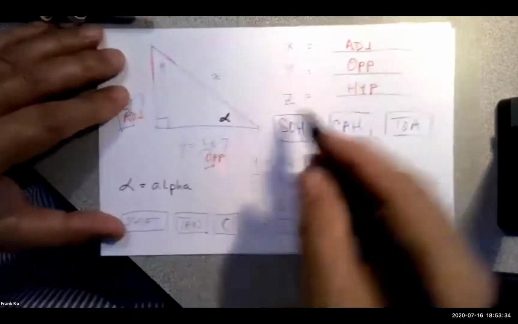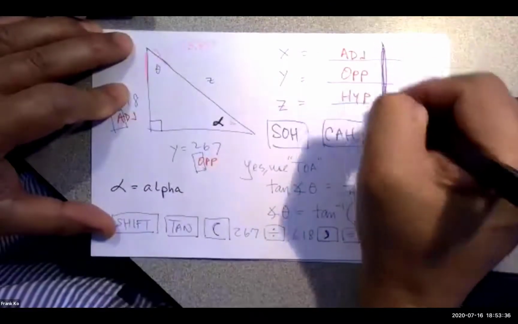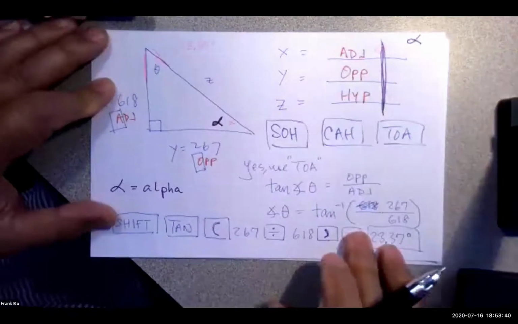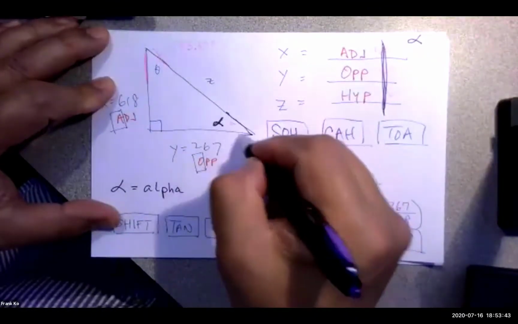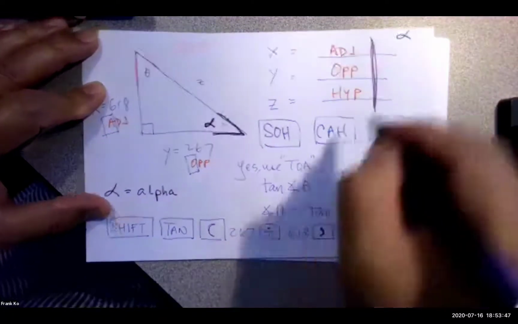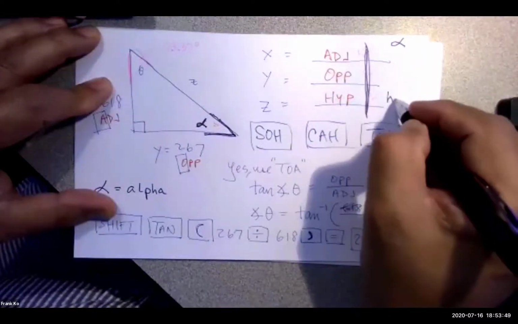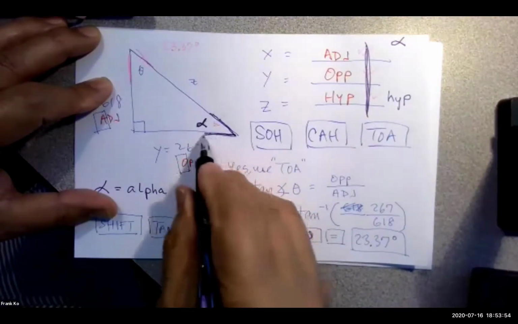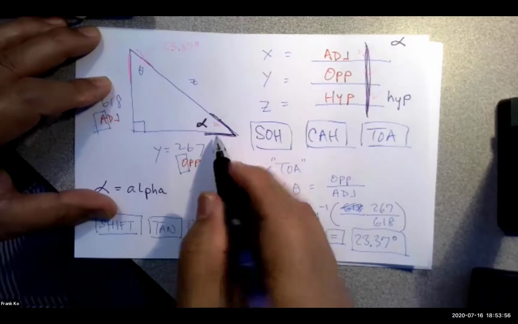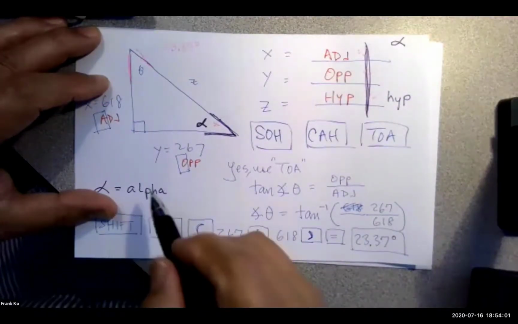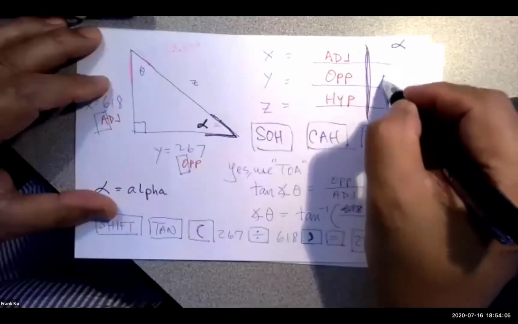If this is our angle of interest, how do we rename these sides relative to alpha? Because here are the sides that form the angle of alpha. Hypotenuse doesn't change. Hypotenuse is still right here. It's still always going to be the longest side. But what is the other side here that makes up alpha? Is it going to be x or y? Y is going to be now the adjacent side.